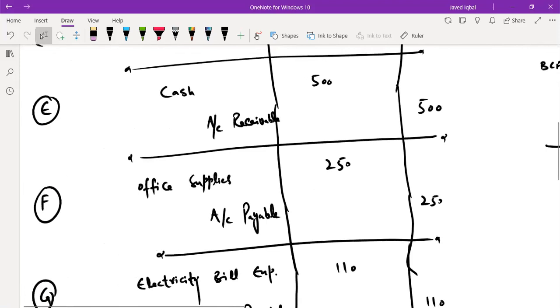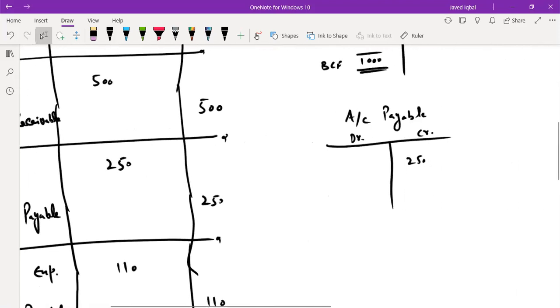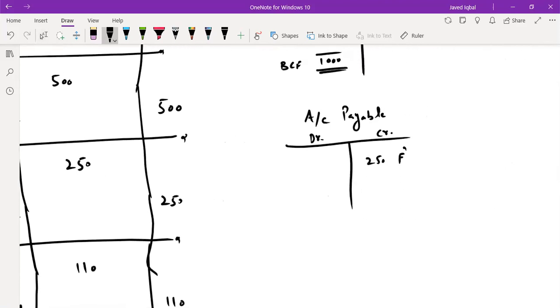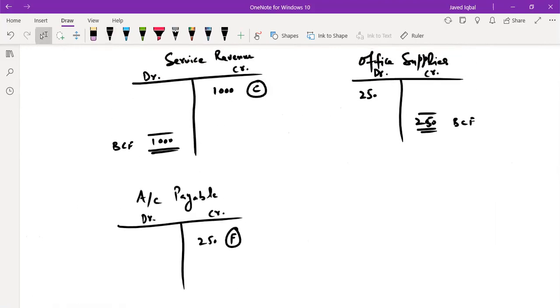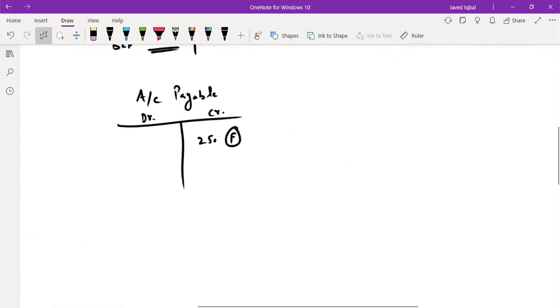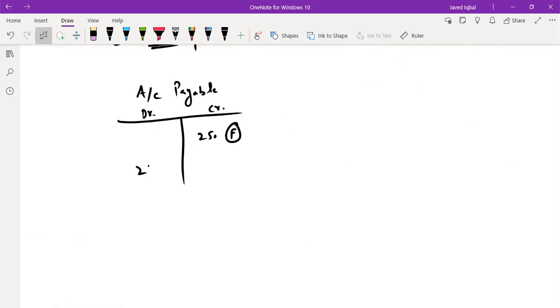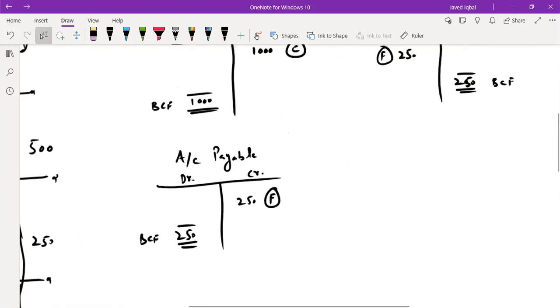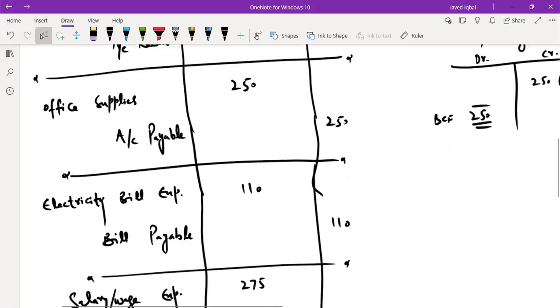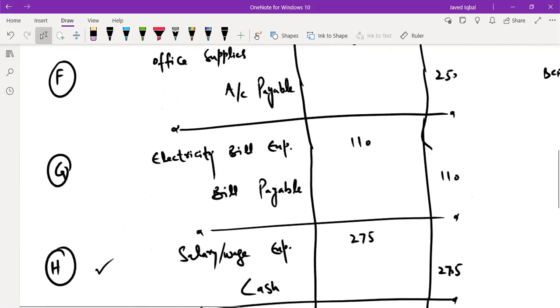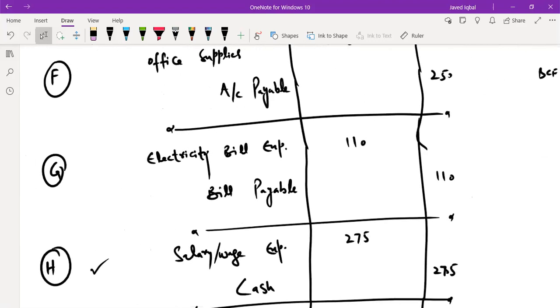Transaction unfortunately is F. So we have to write the reference F here as well. So 250. No other account payable, so this balance will be closed. So we have office supplies account as well. We have account payable. So moving on to the next transaction, we have electricity bill expense and bills payable.